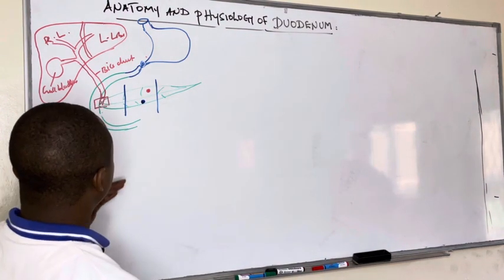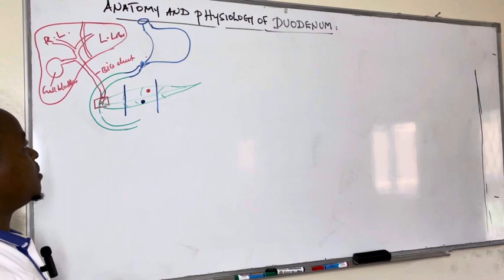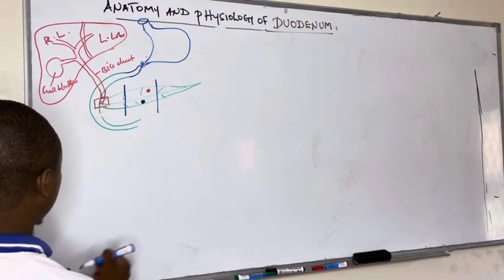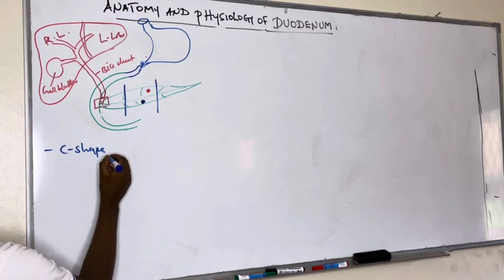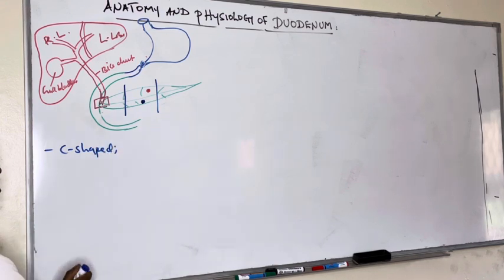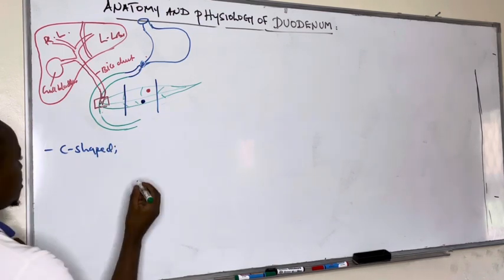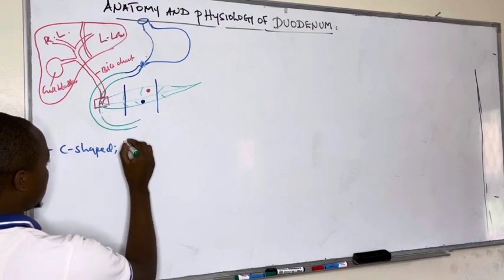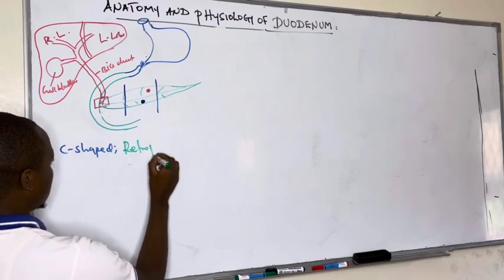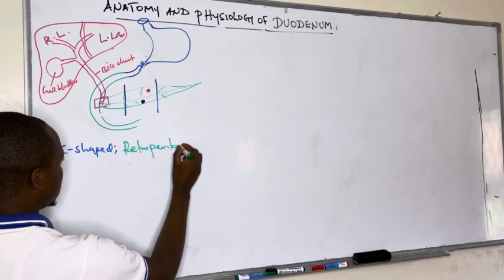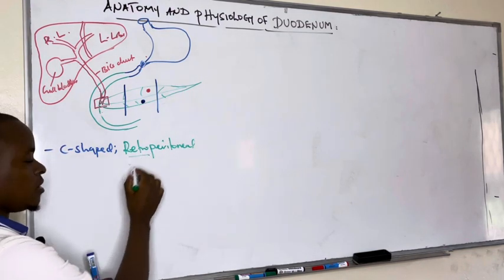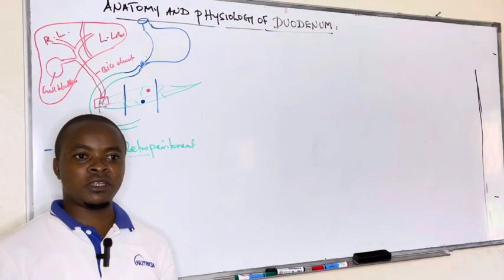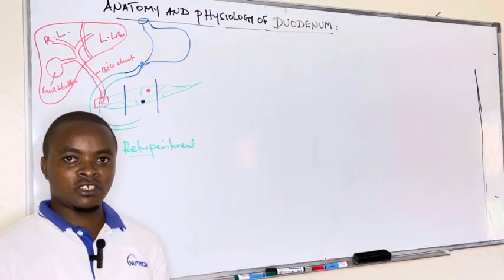So we are saying that this duodenum is C-shaped, and apart from being C-shaped, it is retroperitoneal, meaning it is found outside the peritoneum, retro meaning outside.